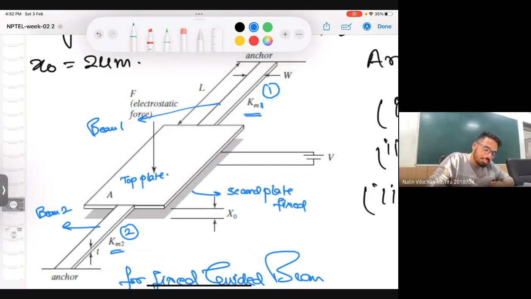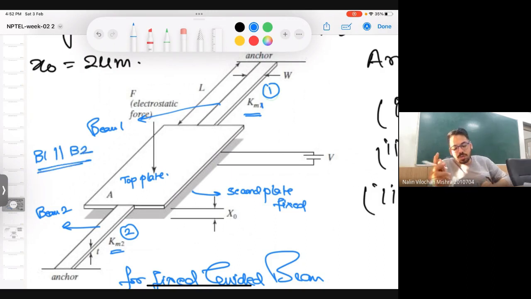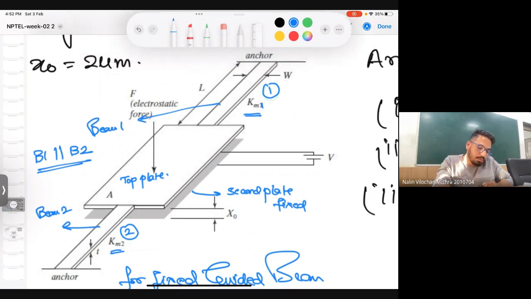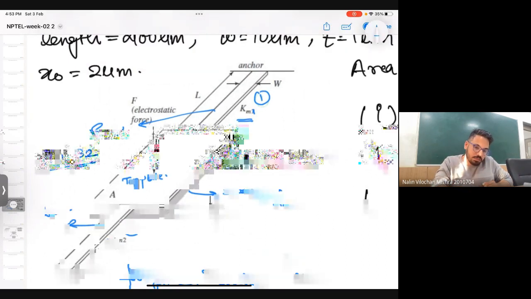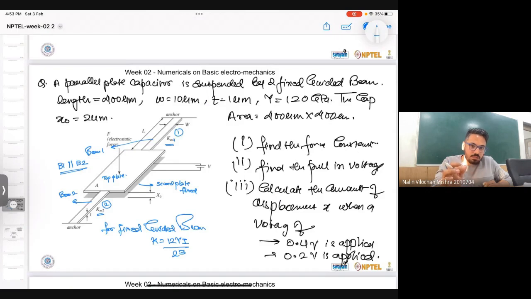And both of these beams, beam 1 and beam 2, are connected in parallel. So first you need to calculate the coefficient of one of the beams, then calculate its parallel combination value. Please try. I'm coming in 2 minutes.